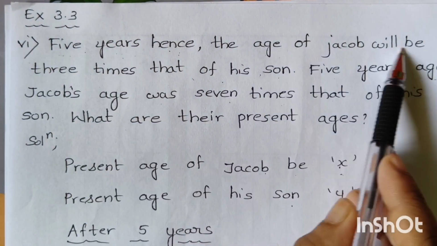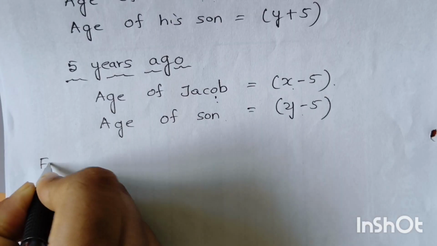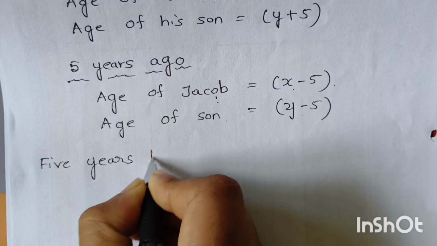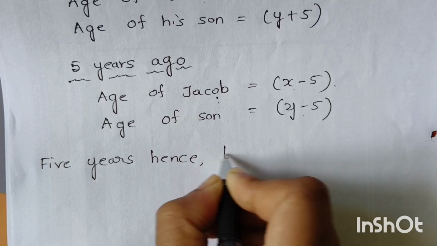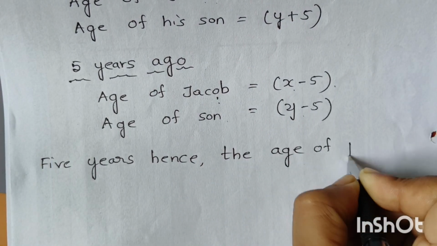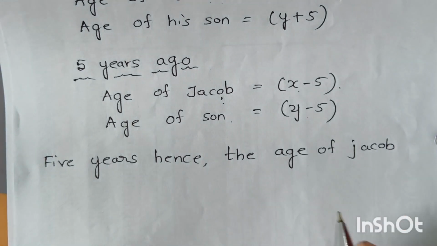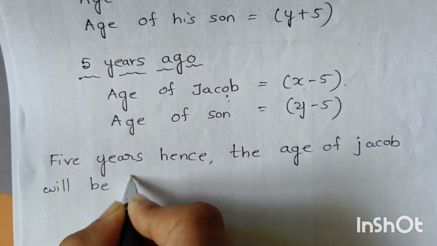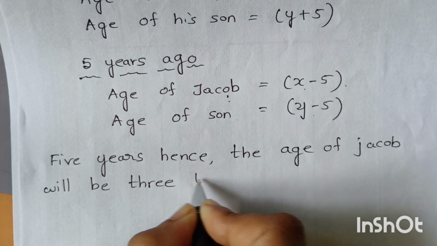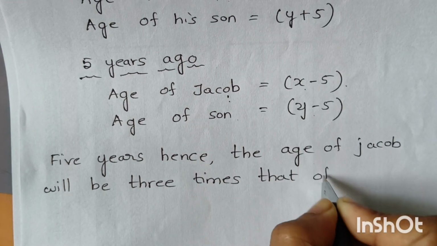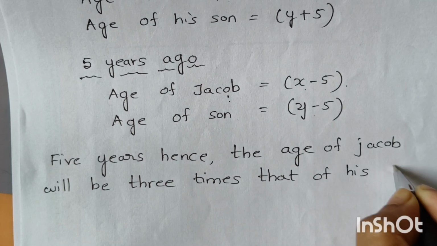First, let me write this sentence. 5 years hence, the age of Jacob will be 3 times that of his son.